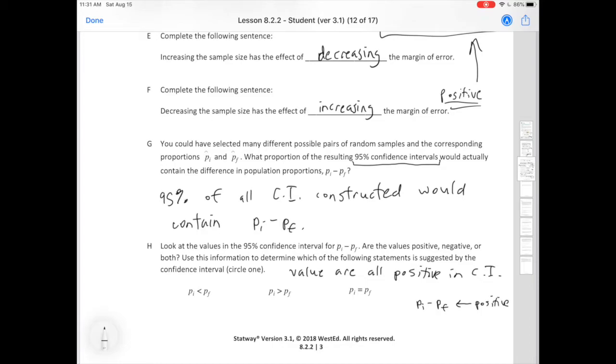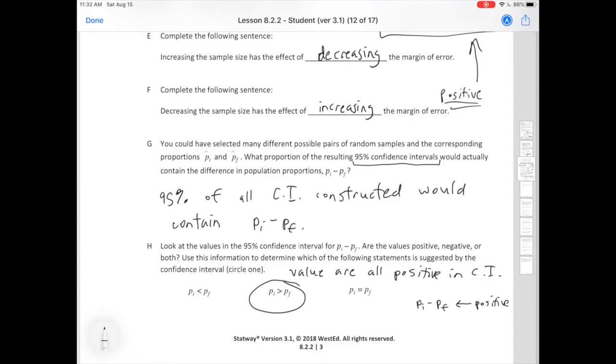Which one's larger? Right? I mean, we know that if you subtract two numbers and you get a positive number, it must mean that the first number is larger than the second number, right? So it means you must have this. Okay?